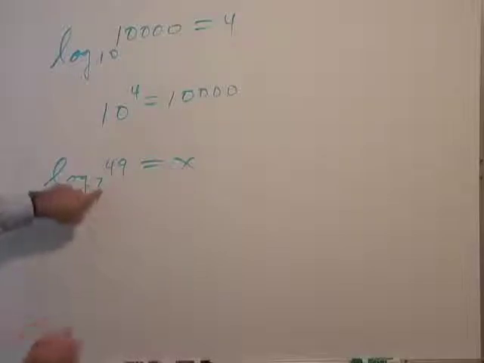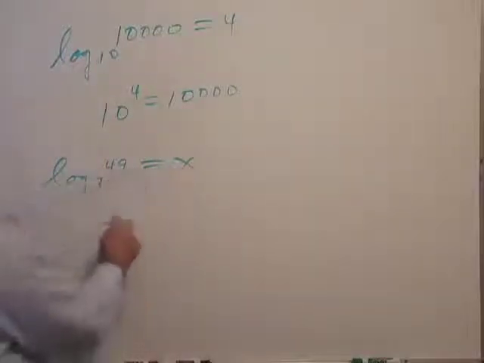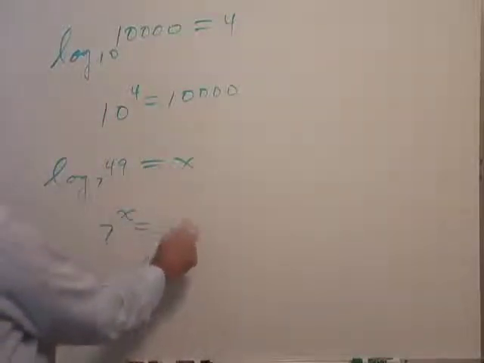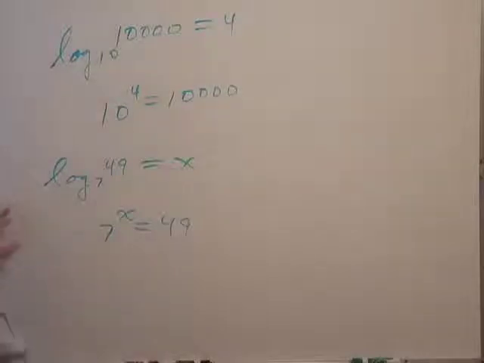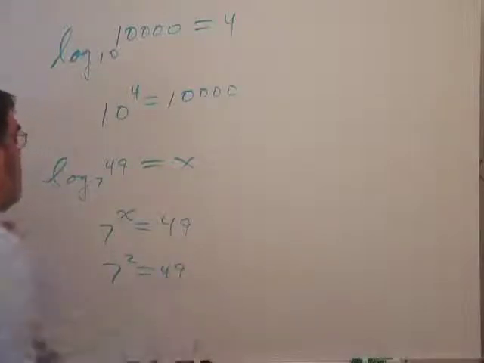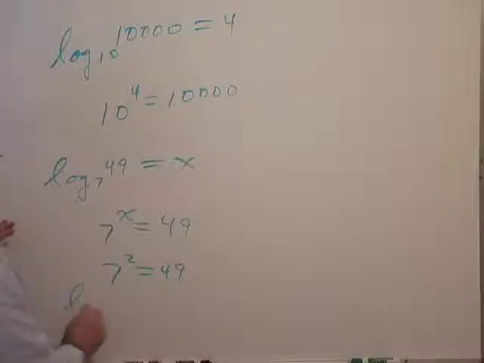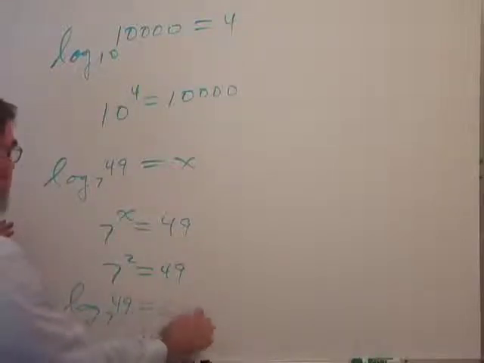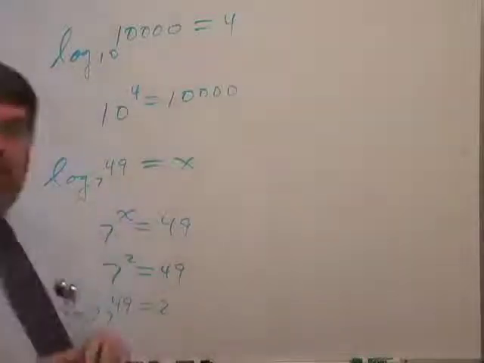So the base is 7. 7 raised to the x power is 49. And I think you can see pretty readily that 7 squared is 49. So x has to be 2. So now we can say that the log of 49 base 7 equals 2. And we solved that logarithm.